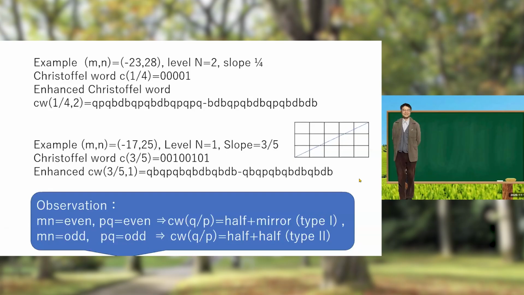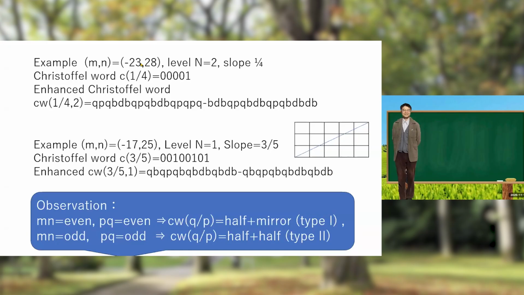Okay, so I have to go faster. So m and n get more and more complicated, but level 2 and slope 1 over 4, and the enhanced word is like this, and minus 17 and 25, and then level n equals 1, and slope is 3 over 5, and so on.